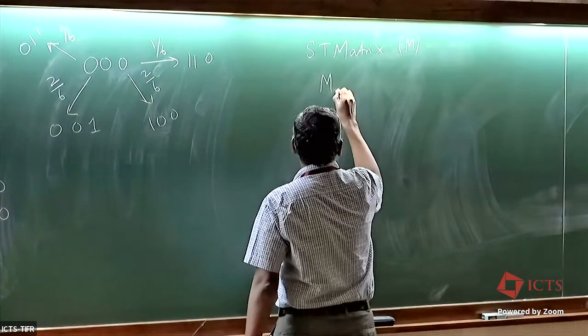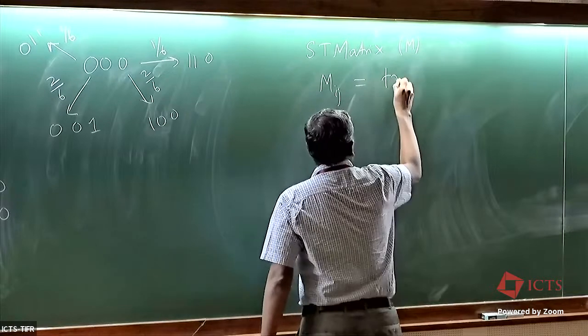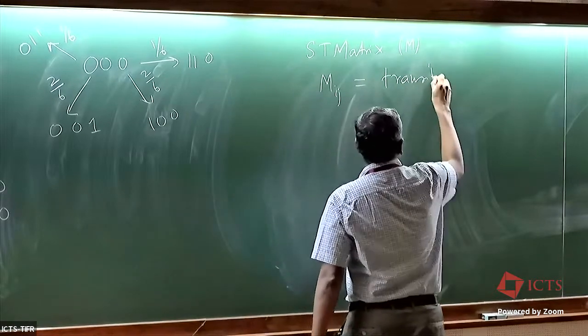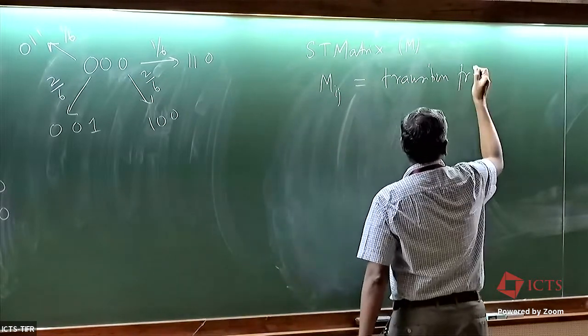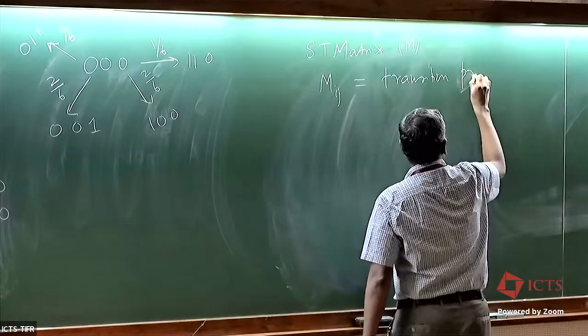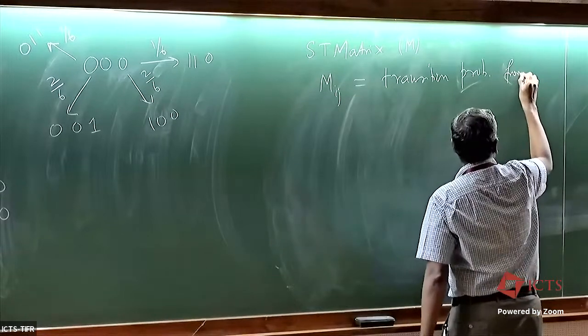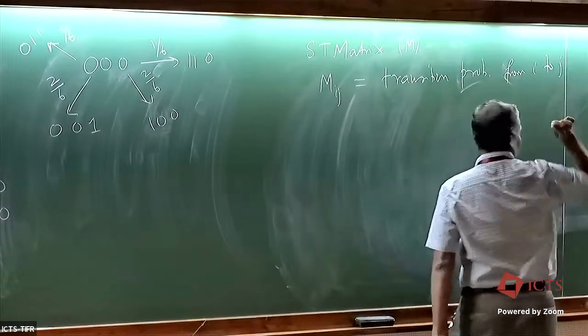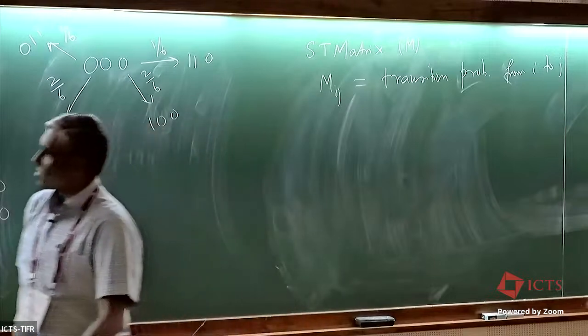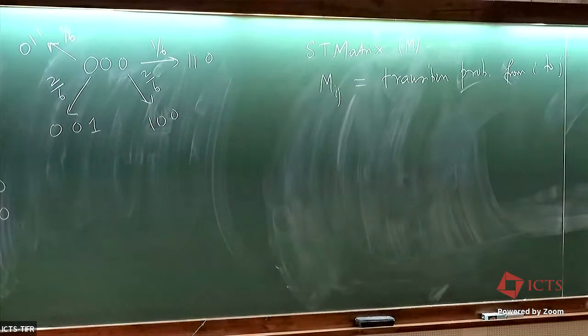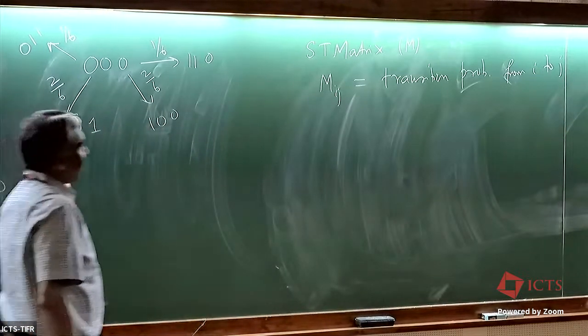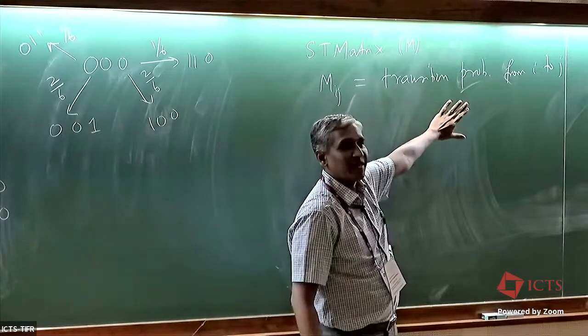Okay, so this Mij is the transition probability. Direction is important, from i to j. Once I have this matrix, my entire dynamics is hidden in this matrix.